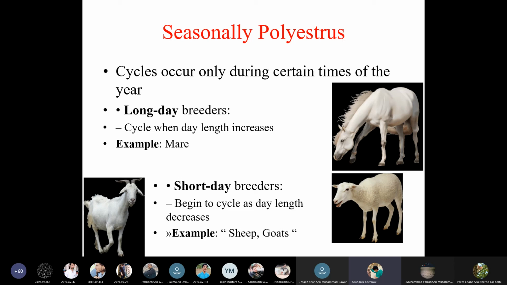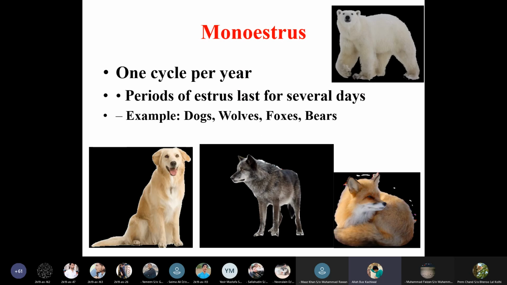Sheep and goats show the estrus cycle when the days are short. When the days are long, the mares show the estrus cycle. So they are seasonal breeders, and they show the estrus cycle only whenever there is a particular season.